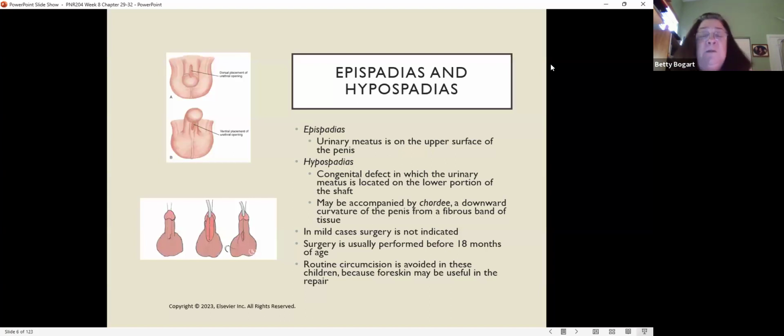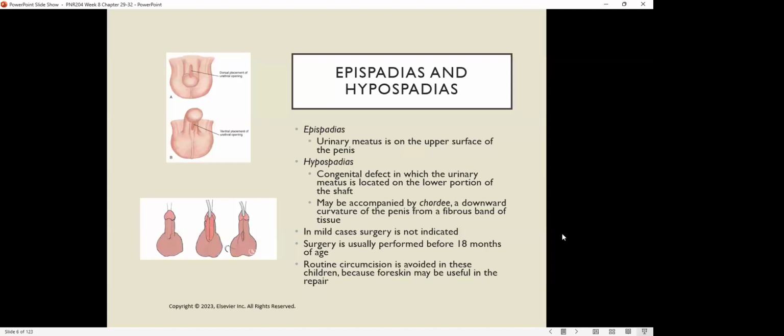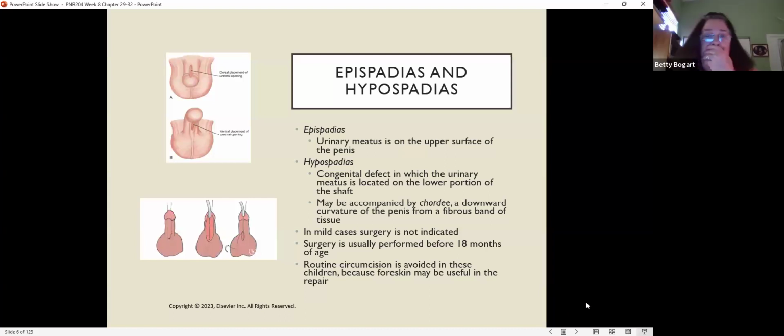But what they do with this is you need to keep the foreskin because the foreskin is used for plastic closure. So you have some cultures, like the Jewish faith, that like to do the circumcision right after birth. But we can't do that, especially if you have epispadias or hypospadias, because you need the extra tissue.